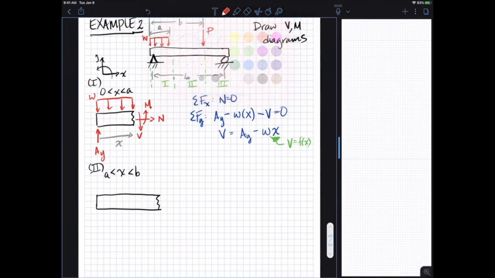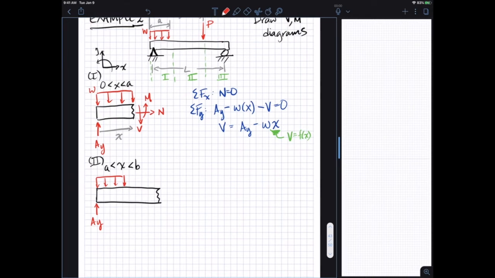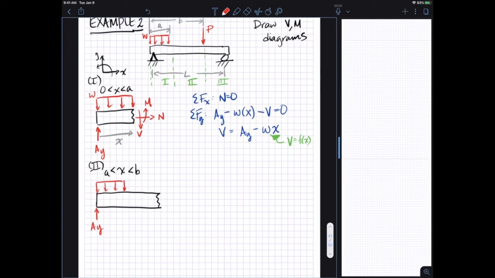Now we'll for sure include the whole distributed load acting over the length A. Still have our reaction force AY. And I'll just leave P out of it, so just before B. And so this is N, this is shear, this is now the moment.